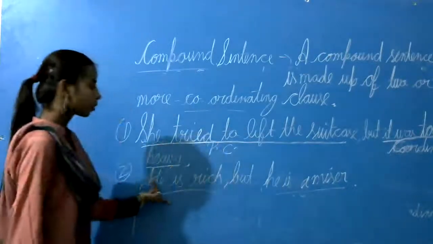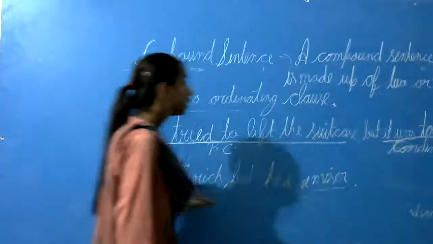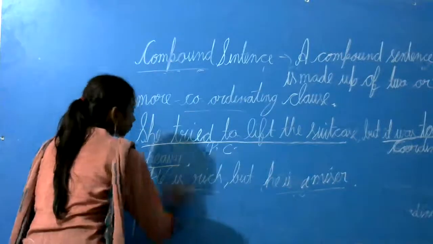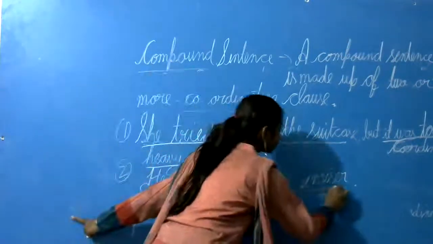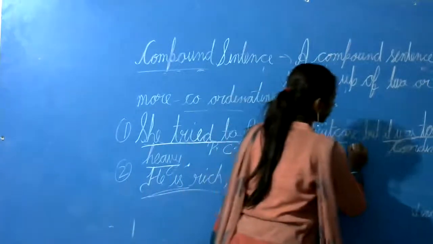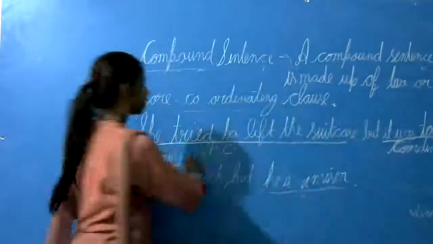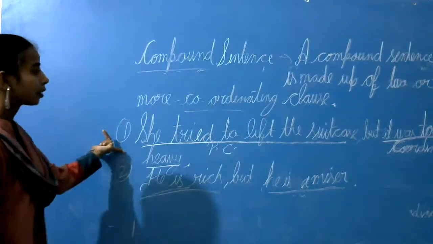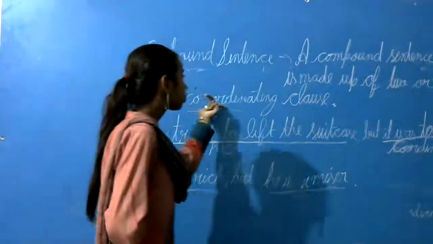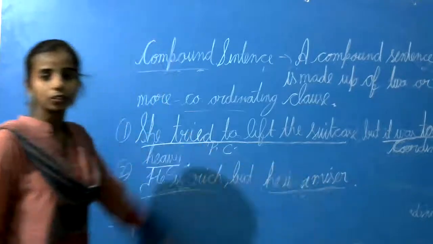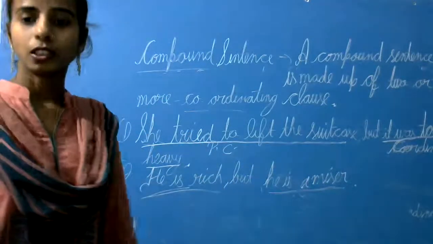This is the principal clause. These two sentences are independent or coordinating clauses. Why? Because he is rich is one simple sentence and he is a miser is one simple sentence. She tried to lift the suitcase, one simple sentence. It was too heavy, another simple sentence. You can also say when two simple sentences are joined using coordinating conjunction, then it is called a compound sentence. This is also the definition. Okay, then.